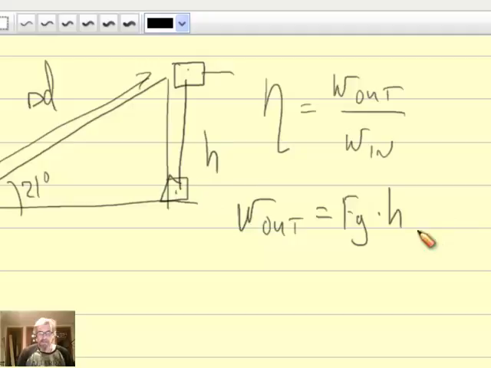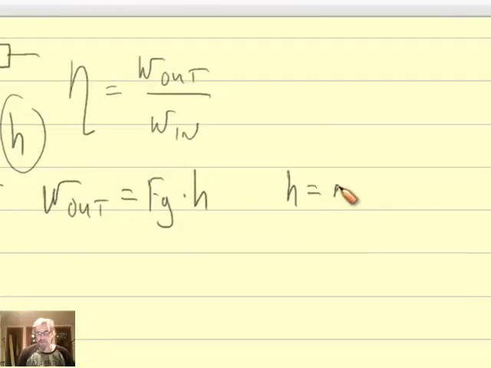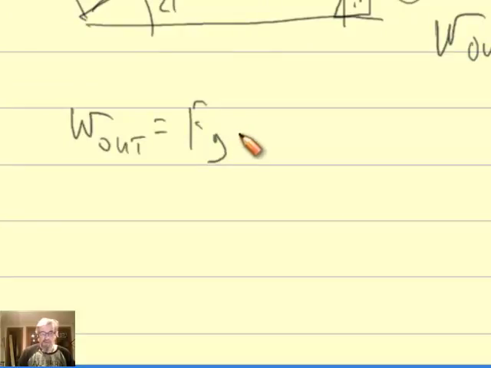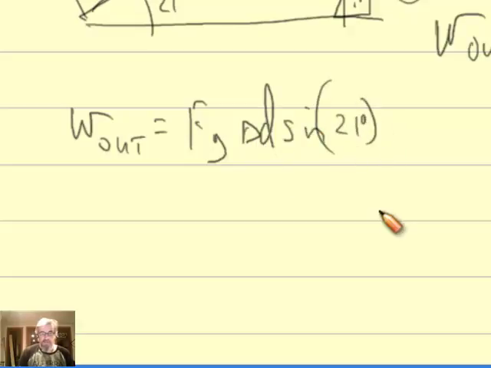But if you think about the relationship between the height and how far you have to push it, height is really equal to delta D times the sine of 21 degrees. So the output work is equal to the weight times delta D, the distance you would push it up the ramp, times the sine of 21 degrees.